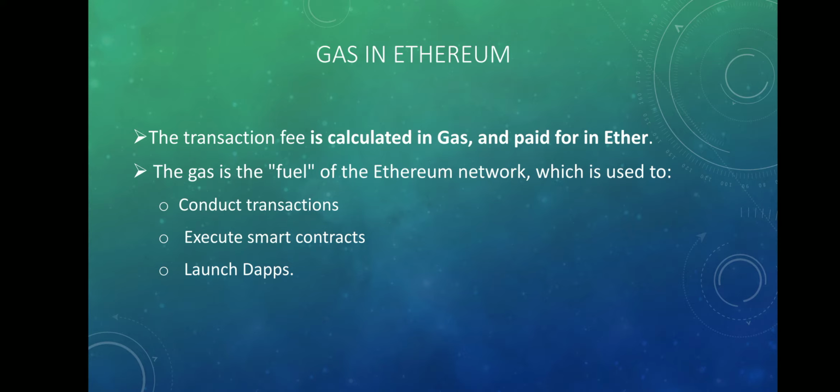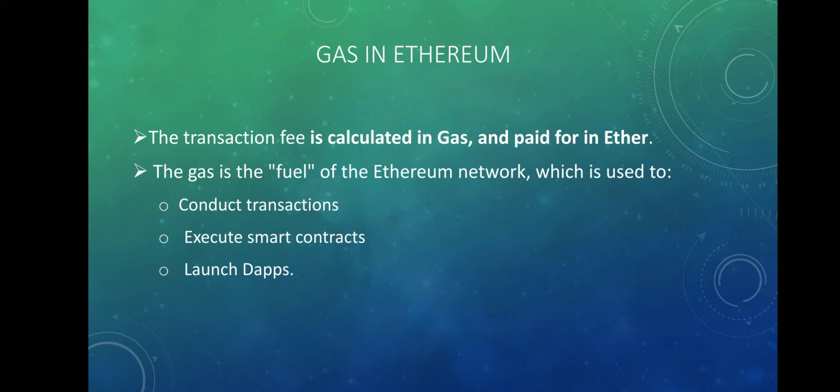Whenever you perform a transaction, like sending ethers from one wallet to another, or deploying a contract, there is a transaction fee. That fee can be measured in gas, and to pay for it we use the ethers.